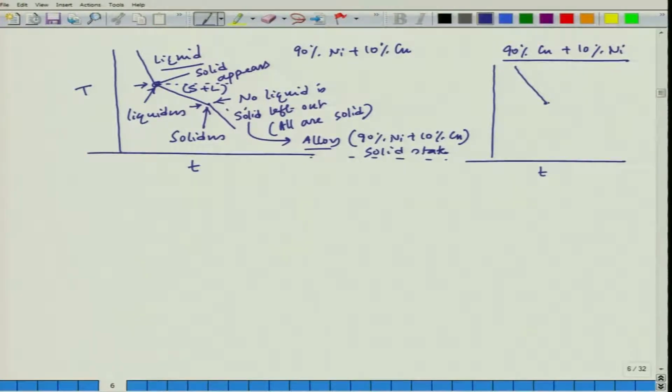I will come to why it is that, and then this point also would go down a little bit, and then finally you have a situation like this. This is also liquidus and this is solidus, and here it is liquid, here it is solid, and it is liquid plus solid.